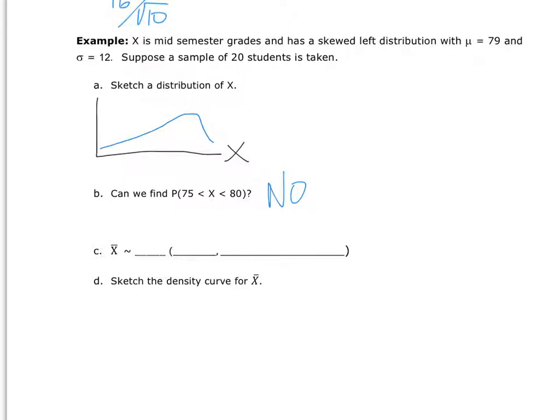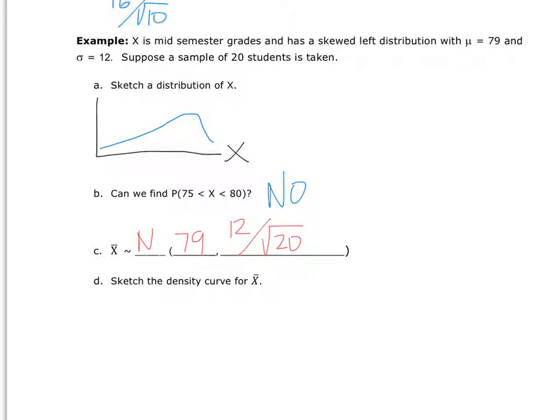But what about X bar? Do we know that distribution? Well, X bar is based on the central limit theorem, approximately normal with mean equal to the original distribution mean and standard deviation equal to the original standard deviation divided by the square root of the sample size, which in this case is 20.